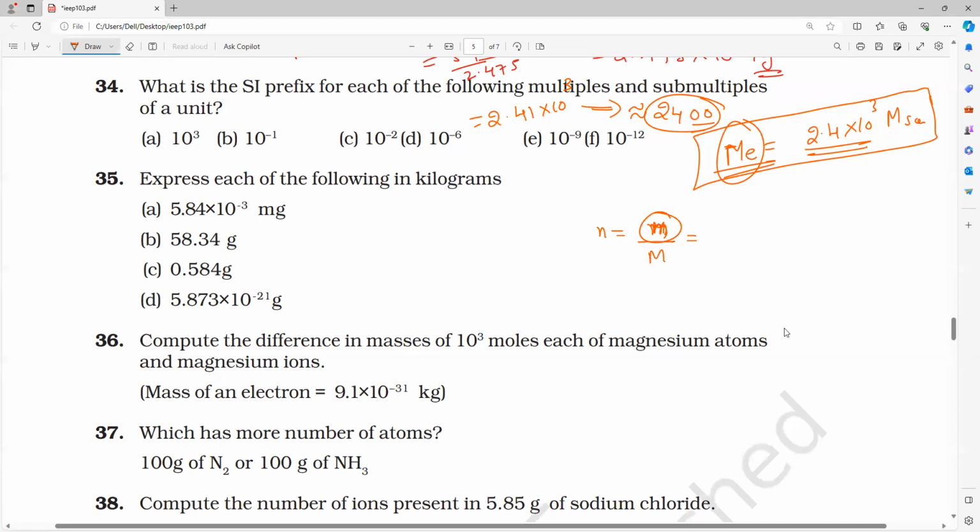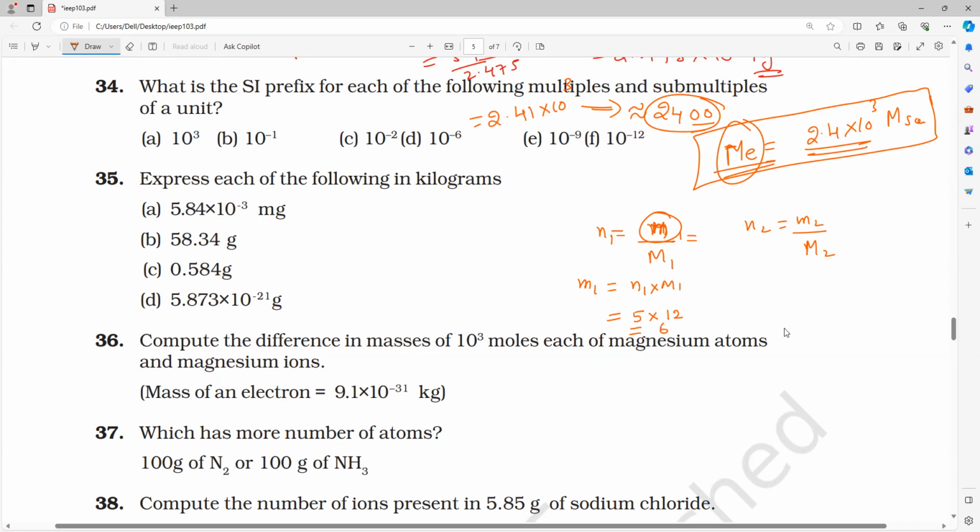Let me take N1 equals M1 divided by molar mass, and the same way N2 equals M2 divided by molar mass. M1 is the mass of carbon, so number of moles into molar mass. The number of moles of carbon is 5. The molar mass of carbon is 12.